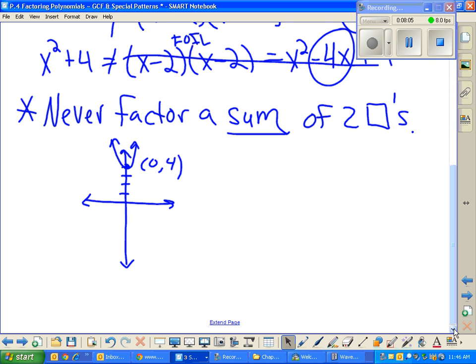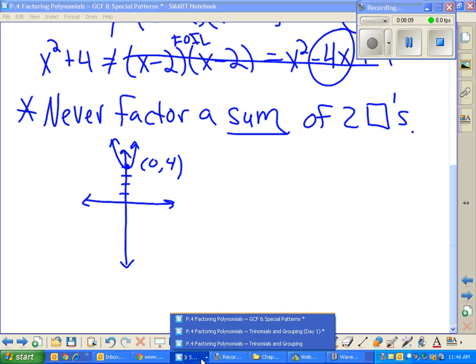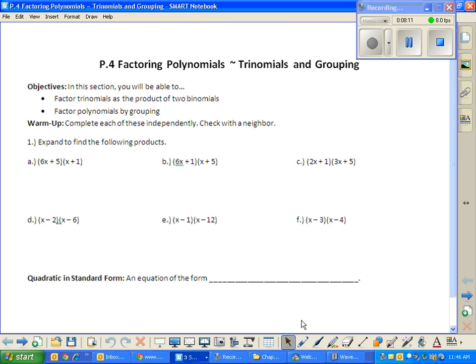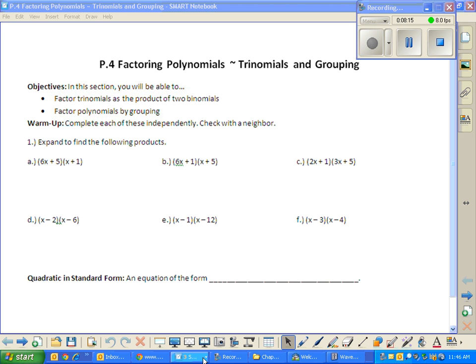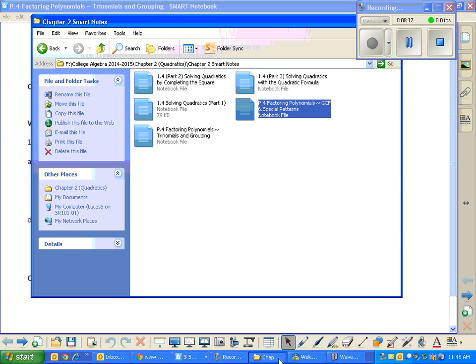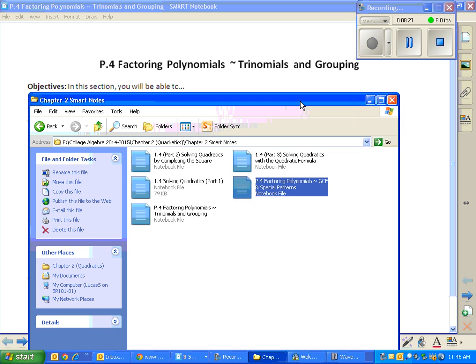Okay, now, next up, I wanted you to be able to check your warm-up from that. So I'm going to go ahead and post the completed notes so that you can check to make sure your foiling skills are still nice and sharp.